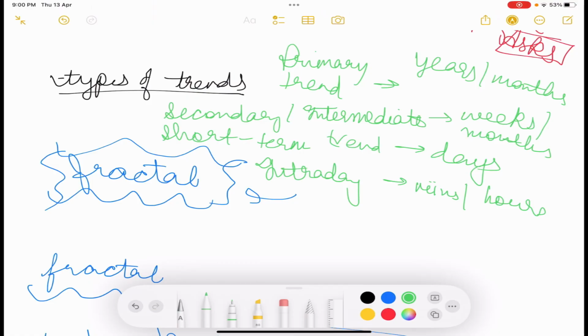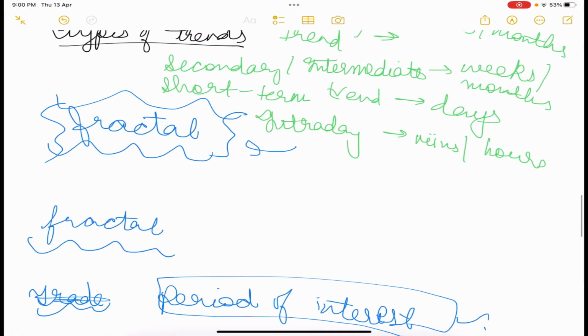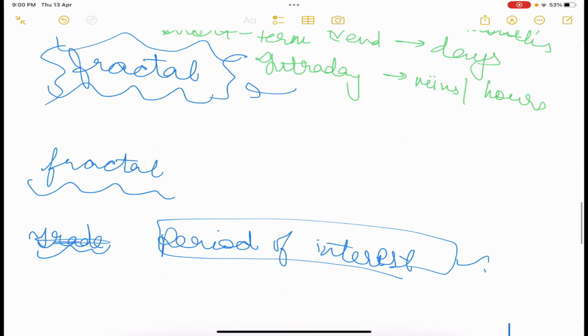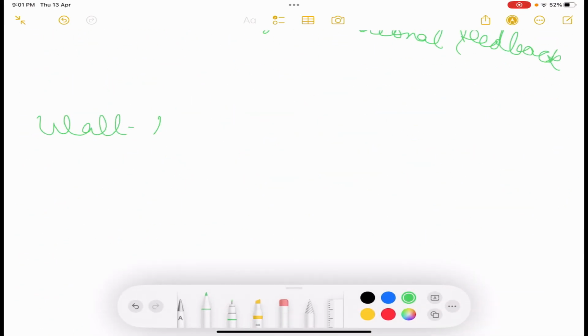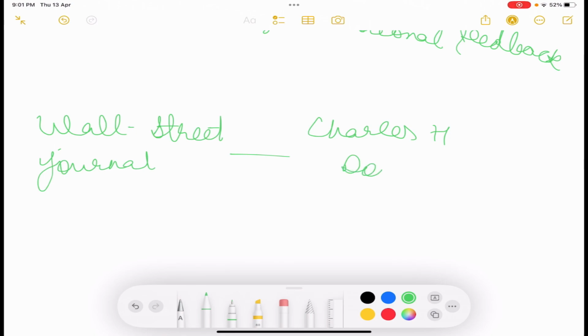Alright. One more thing you need to keep in mind: who is the founder of the Wall Street Journal? This can be asked. Who is the founder of Wall Street Journal? Very simple. It is Charles H. Dow. You must have heard about the US stock market index, which is known as the Dow Jones Index, right?